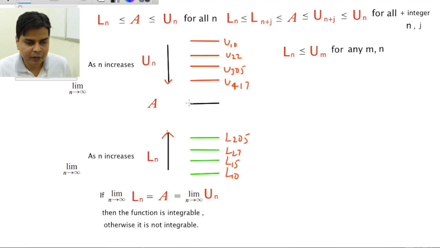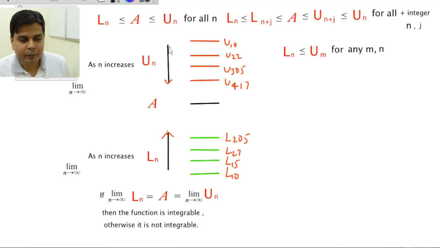So this looks like a very interesting picture: all Ln's are increasing, and we also know that they cannot increase beyond this a, because this has to hold. No matter how big this Ln becomes, ultimately it is a lower sum, it has to lie lower than a. Similarly, no matter how far this Un falls, ultimately it is an upper sum, it has to remain above a.